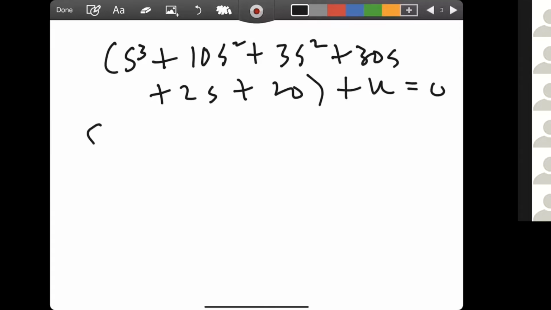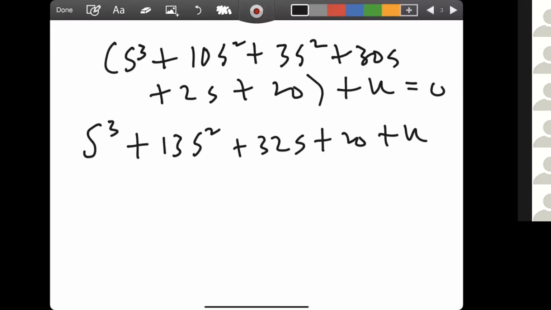Okay. Simplify: S cubic plus 13S square plus 32S plus 20 plus K.